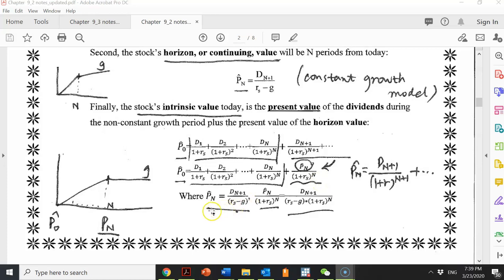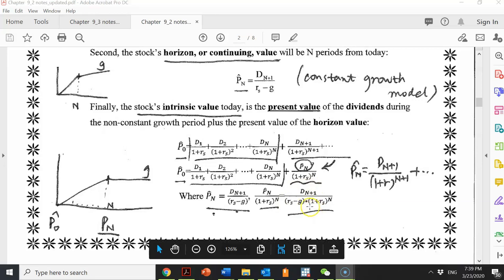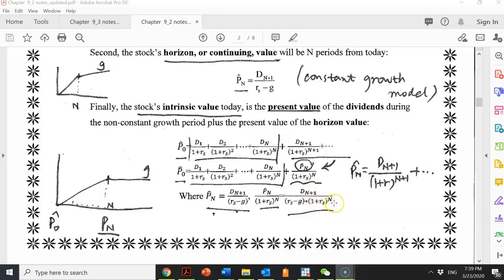And Pn here equals Dn plus 1 over Rs minus G. Again, it's using the constant growth model in the second stage. And Pn divided by 1 plus r to the power of n becomes Dn plus 1 over Rs minus G, which is Pn, with the denominator multiplied by 1 plus r to the power of n.